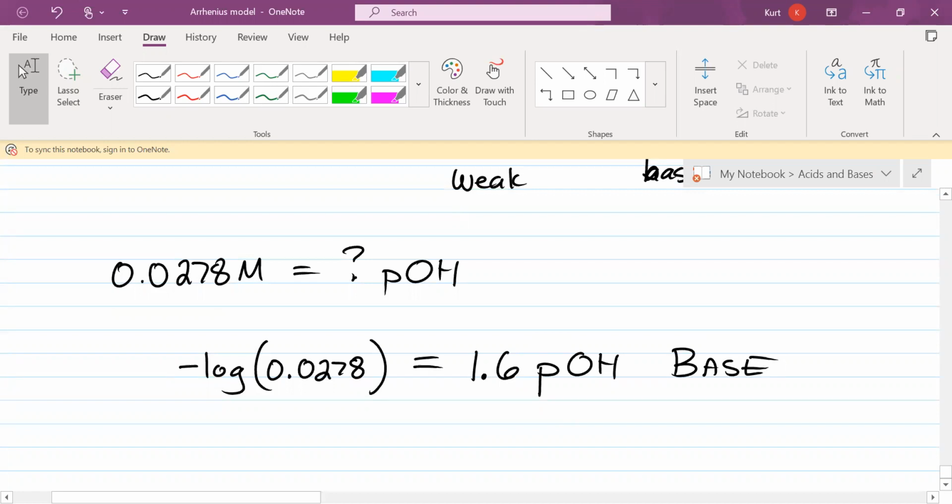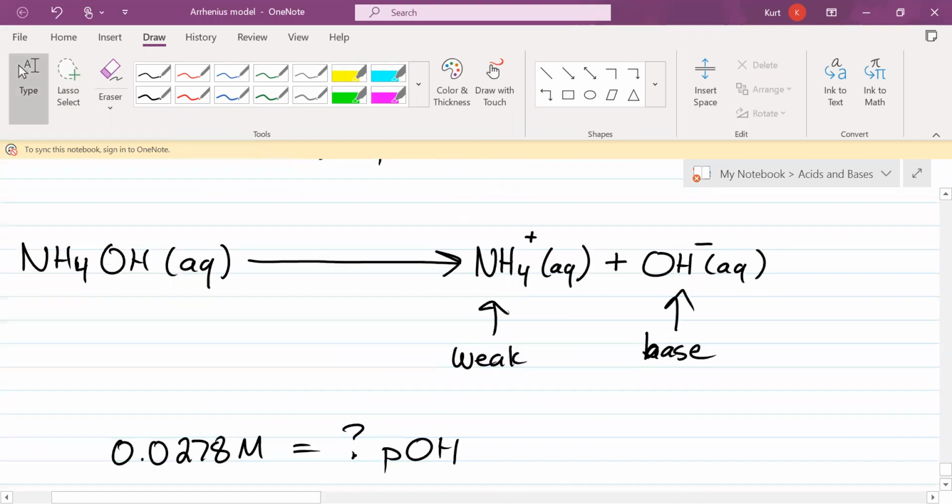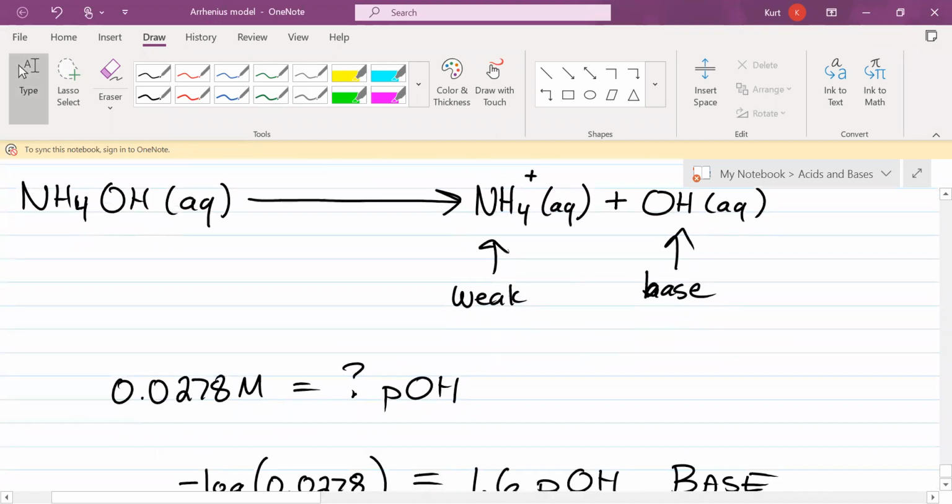But it is asking for ammonium hydroxide, so the concentration isn't including ammonium. No, ammonium hydroxide is the base, and that's going to have the pOH. So you don't have to convert anything. It's not just the concentration of the hydroxide ions, it's the whole thing. Ammonium hydroxide is the base.